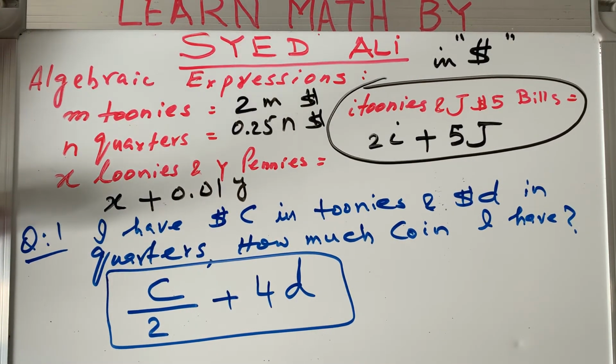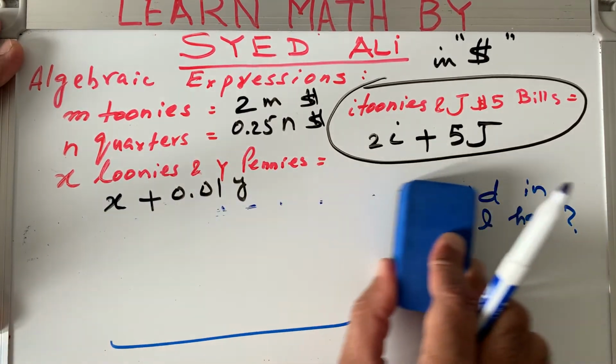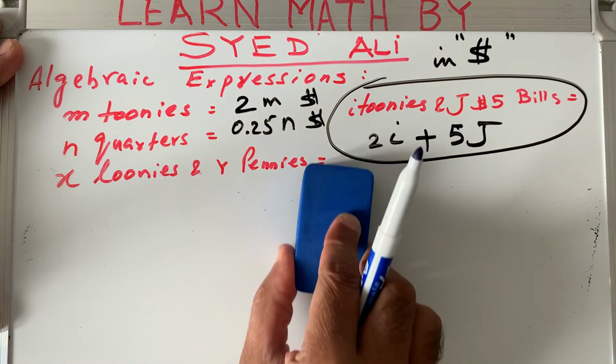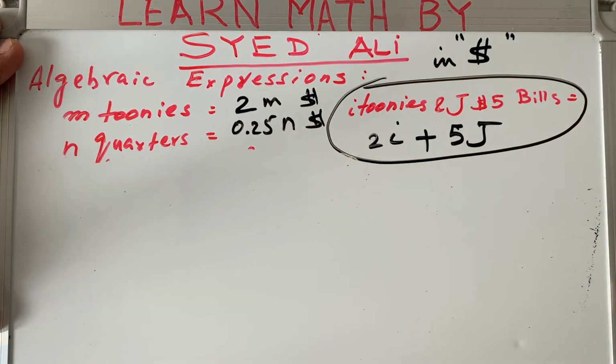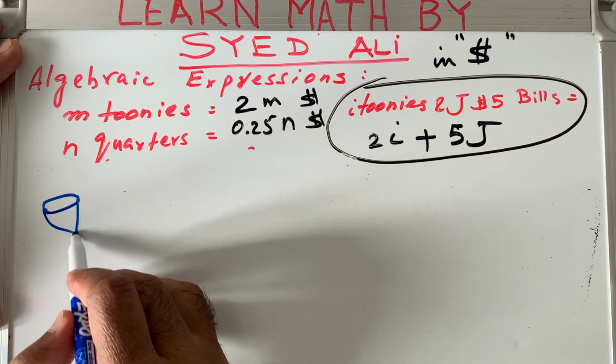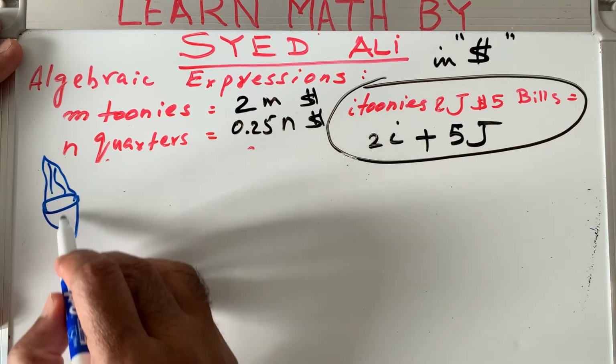Another example we can take in this exercise is this. I have a cone like this, the ice cream cone.